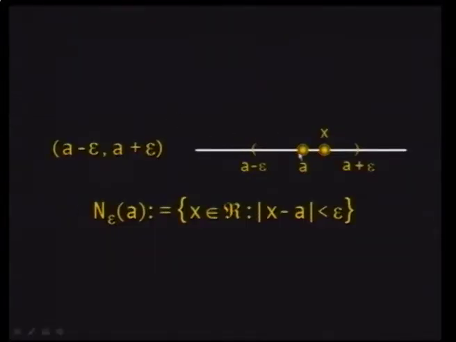You have the point A, and I wish to call the set in which all the elements x are near A, in a certain neighborhood, N epsilon of A. So N epsilon of A is an open set comprising the point A at the center, and all possible x which are at a distance less than a predetermined epsilon. So either you put it in this form, or you can say it's the open set running from A minus epsilon to A plus epsilon.